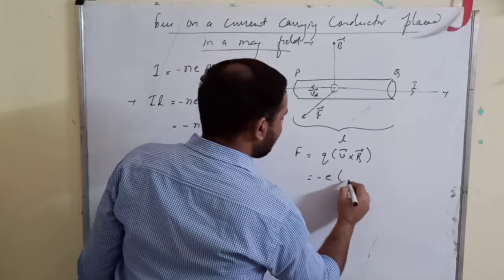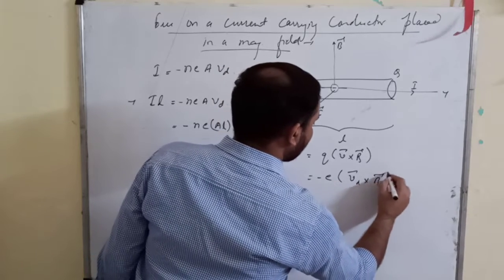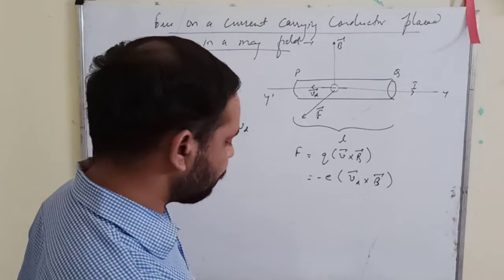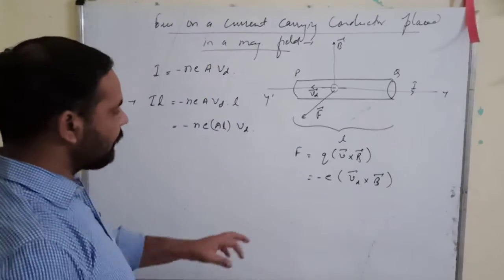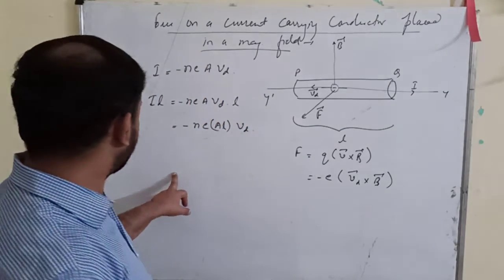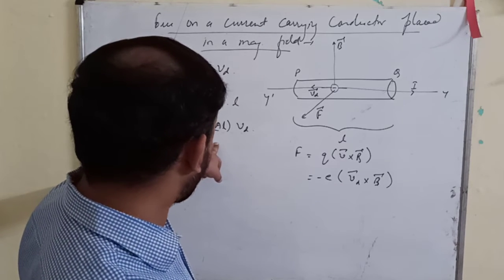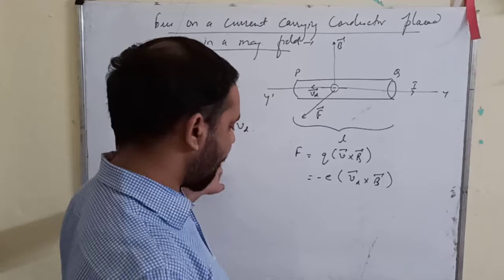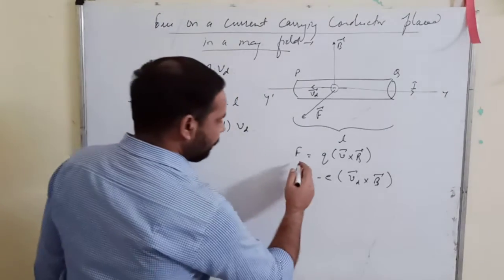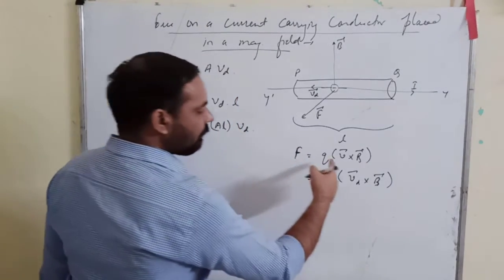This will be minus E times Vd vector cross B vector. This is the force on one electron, right? Force on one electron.